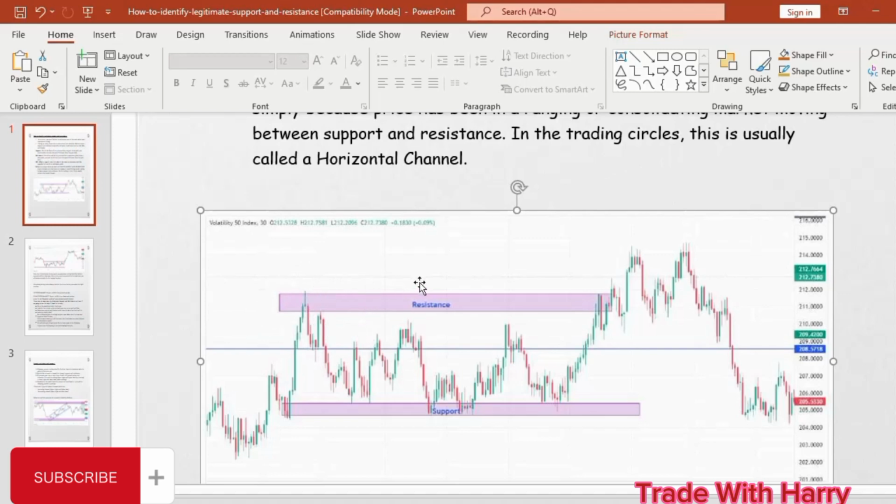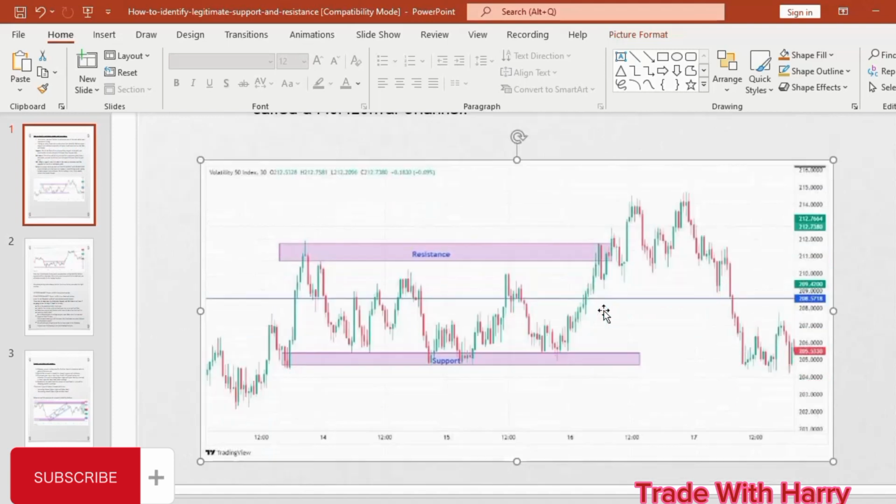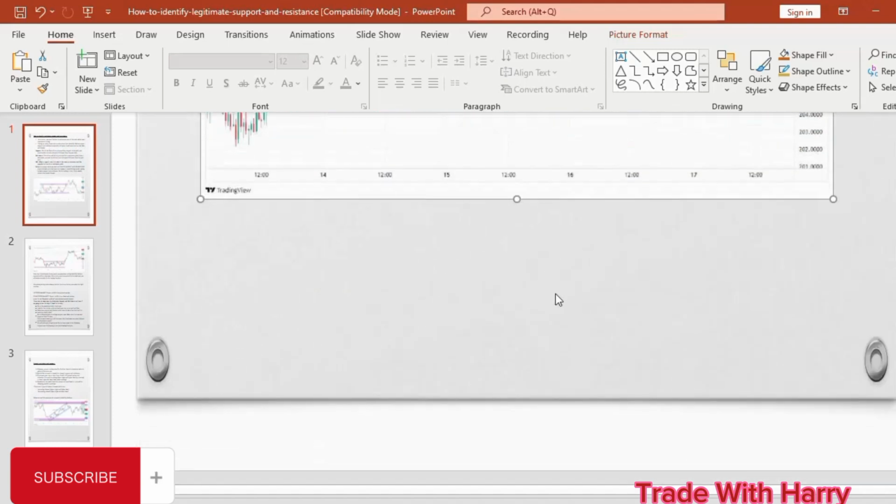It touches here, 1, 2, 3, 4, 5, 6. Also this one, 1, 2, 3, 4, 5, 6. So this is a valid support zone, this one is a valid support zone, and it's a valid resistance zone. Are you seeing? Yeah, so we can continue.